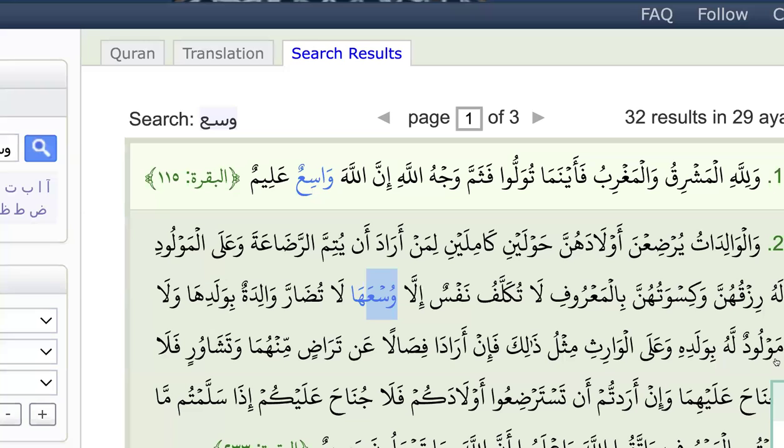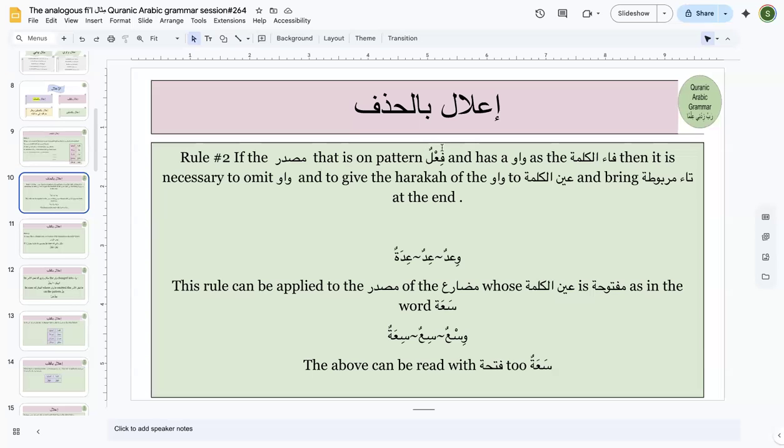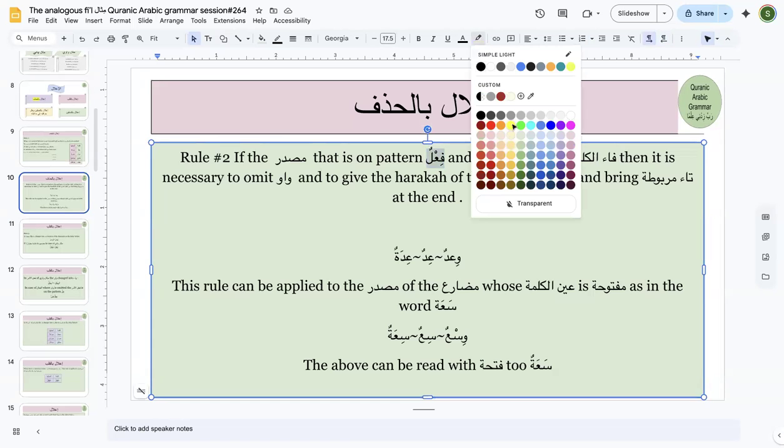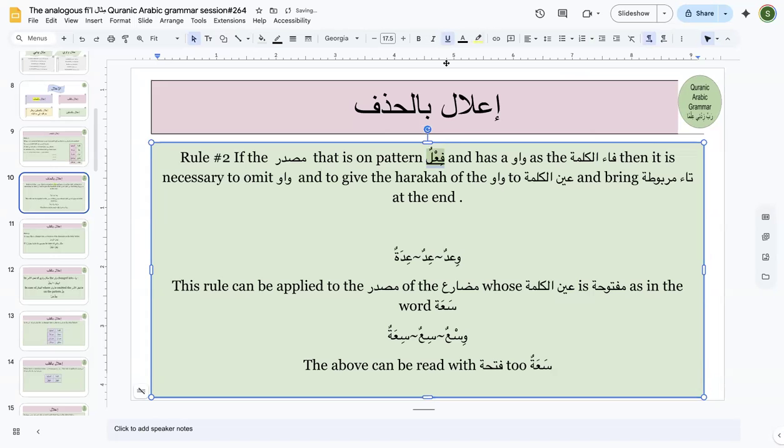No, the fa kalima of this masdar has a dhamma. And the hasf that we are learning here has to do with the masdar pattern where the fa has a kasra. Okay? So remember this pattern. I'm going to highlight it for you. Remember this pattern very well.